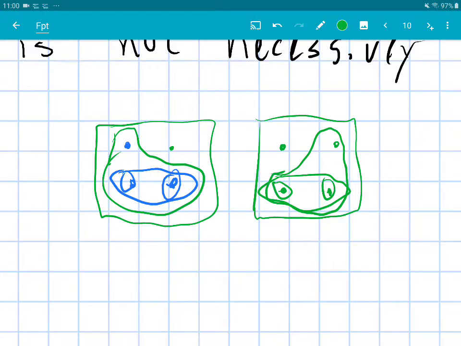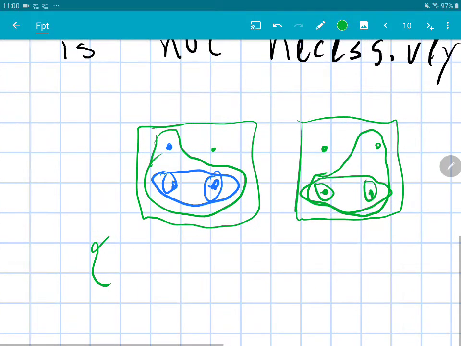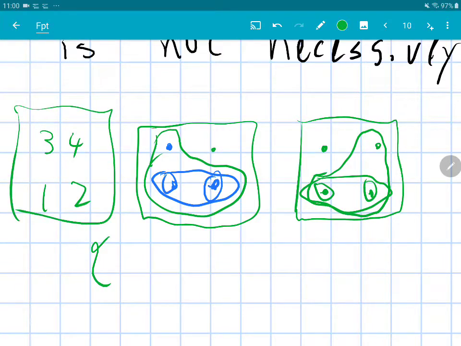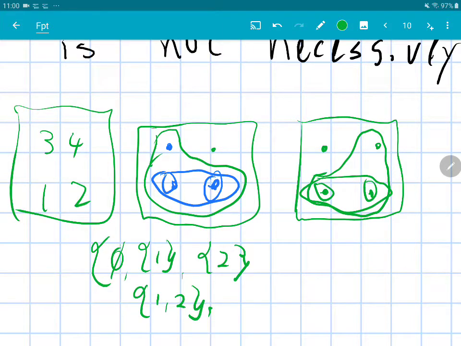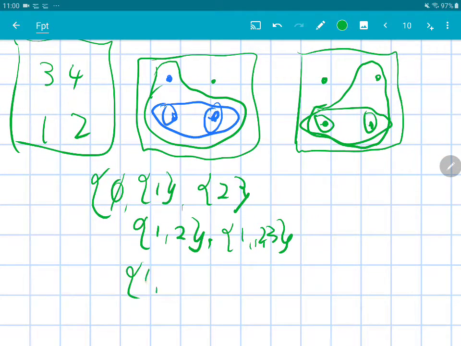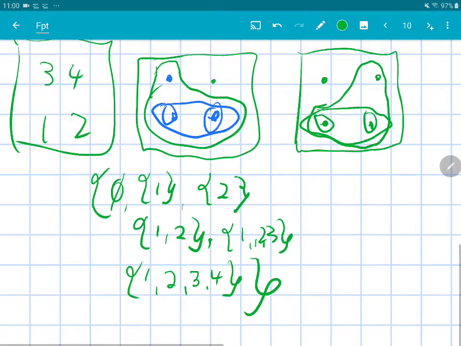If I number the elements 1, 2, 3, 4, then the matroid on the left is: empty set, 1, 2, 1 2, and 1 2 3, and 1 2 3 4. So this is the matroid on the left.